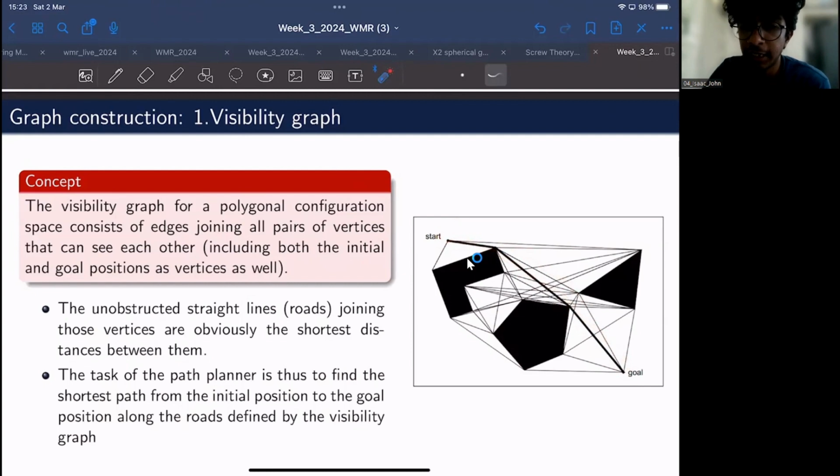Since it is not shying away from getting as close as possible to the obstacles, inherently it can also yield the shortest length solutions, right? So these are the features of visibility graph. That is one of the graph construction methods.